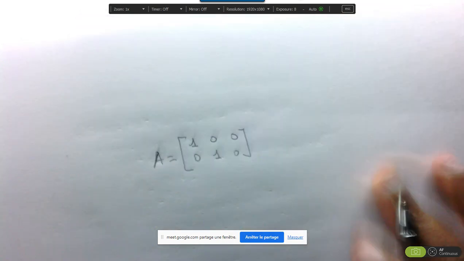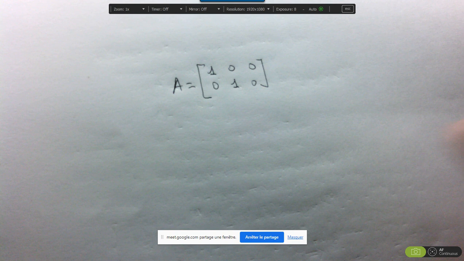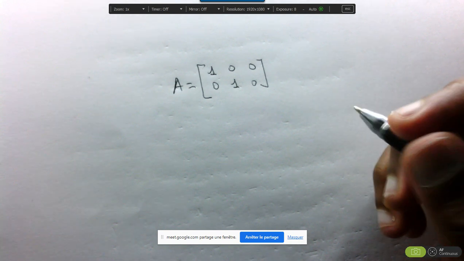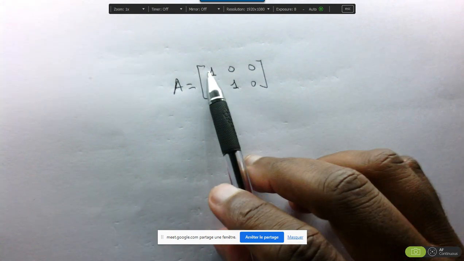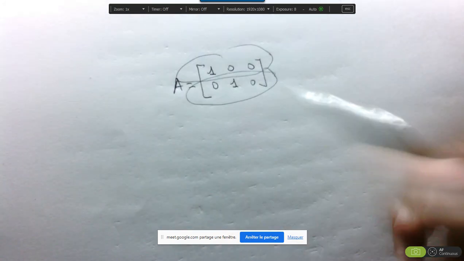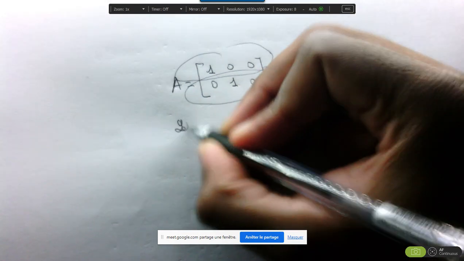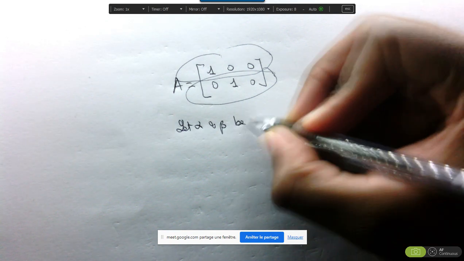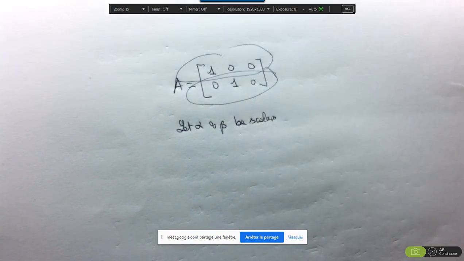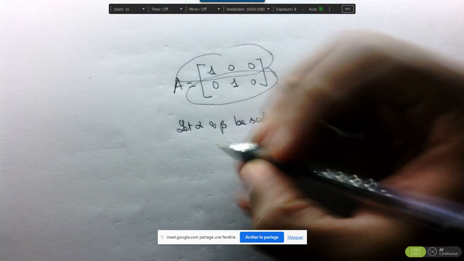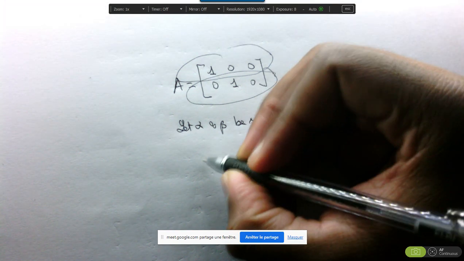Now the set of all of the possible linear combinations of the rows. This is a row, right? This is another row. Let alpha and beta be scalars. So the set of all the possible linear combinations of this row and that row.